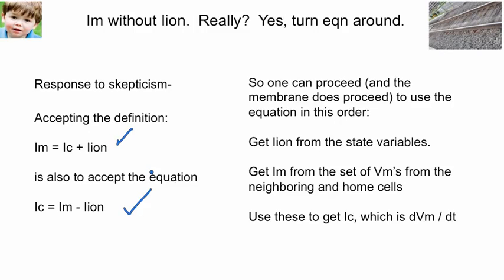So if you accept the top equation as an equation written into a computer program, you accept it as a directive as to how to do a computation. And the directive is, first you start with the quantities on the right, and then you compute the quantity on the left.